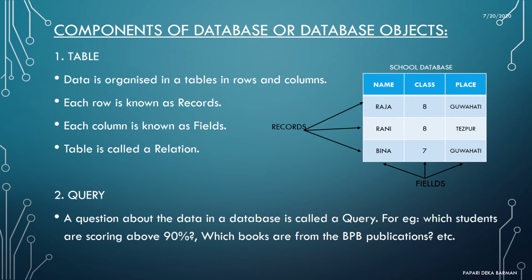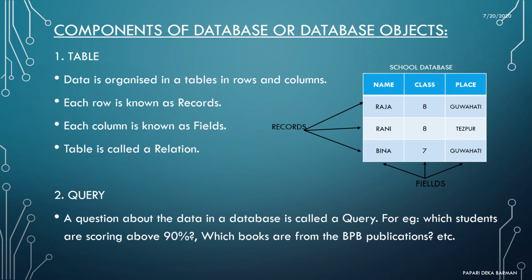and the table is called a relation. So in this example, name, class, place, these are the fields of the school database. And your records are Raja 8 Guwahati. This is one row, so this row is one record.